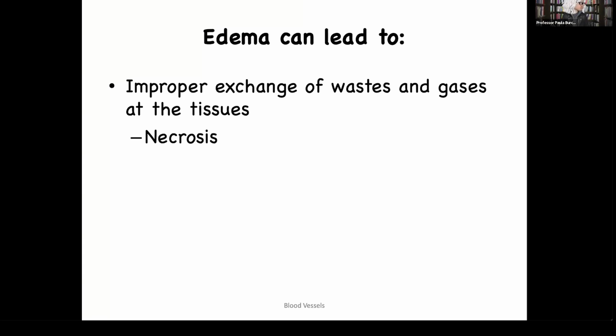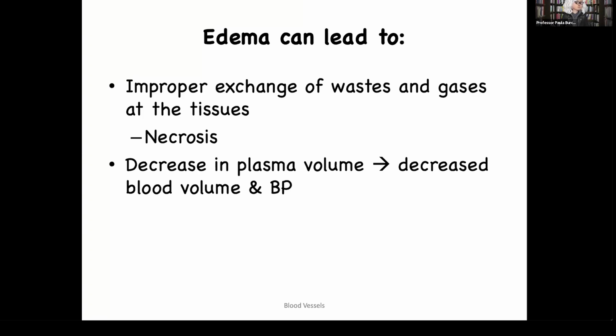The lack of oxygen will lead to necrosis or tissue death. Edema can also lead to a drop in blood pressure. This is because decreased reabsorption will result in decreased plasma volume.